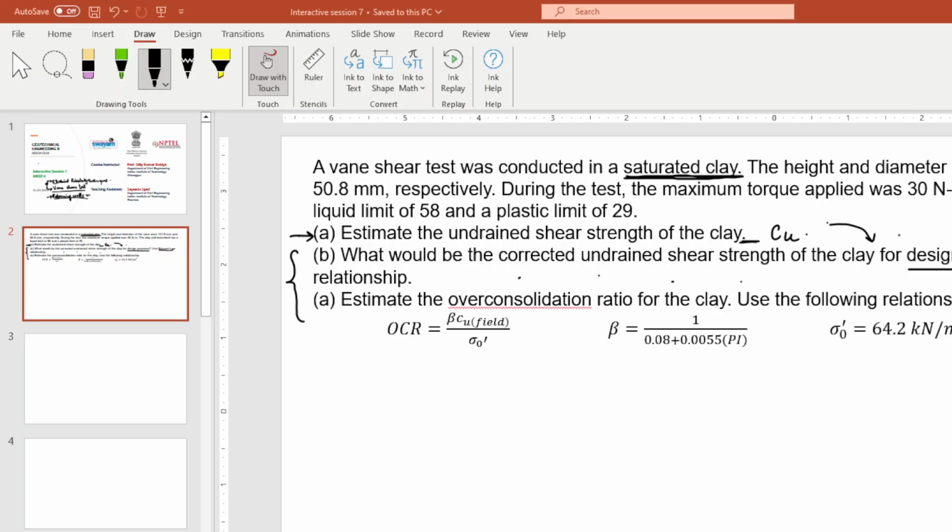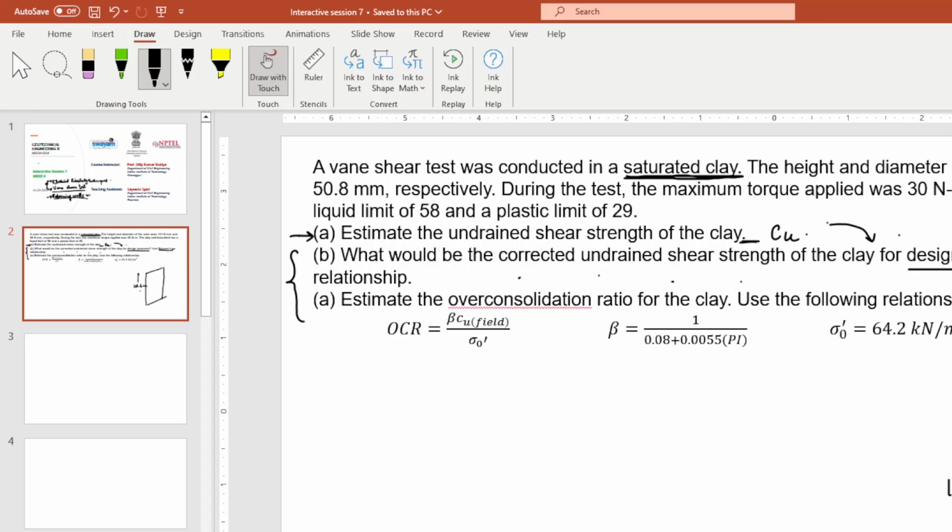So what is given is, let us visualize by drawing this vane. It has a height of 101.6 mm.